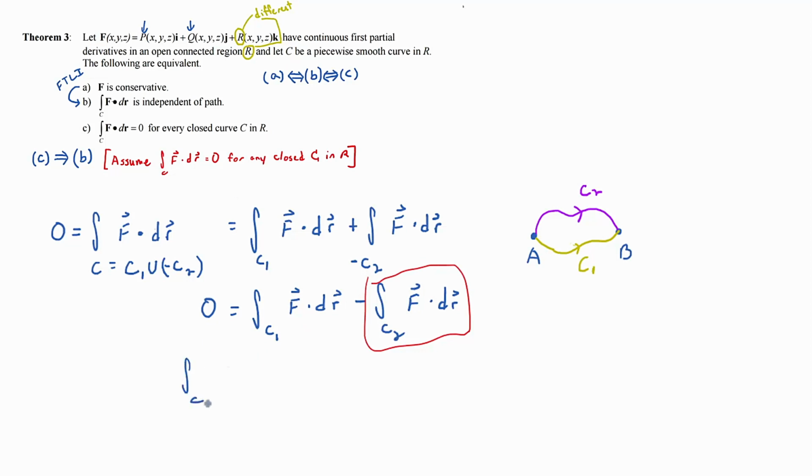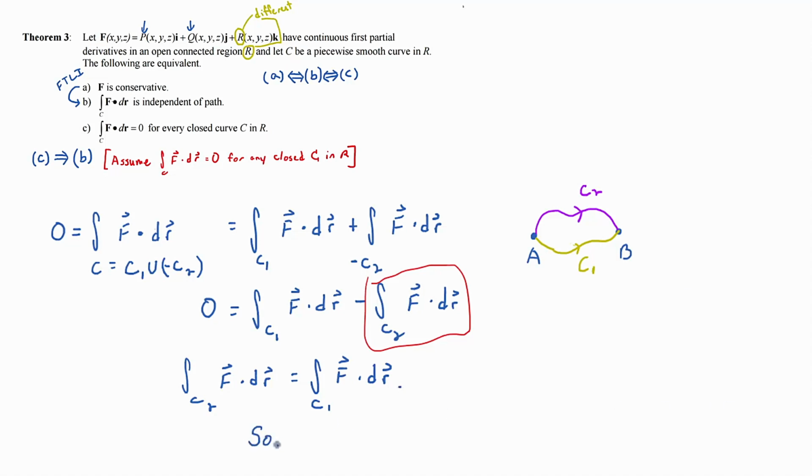So we get the integral over C2 of f dot dr equals the integral over C1 of f dot dr. I chose C1 and C2 arbitrarily, so that means that B is true. The integral is independent of path. Do you buy that argument? Okay. So I guess I should at least conclude that.